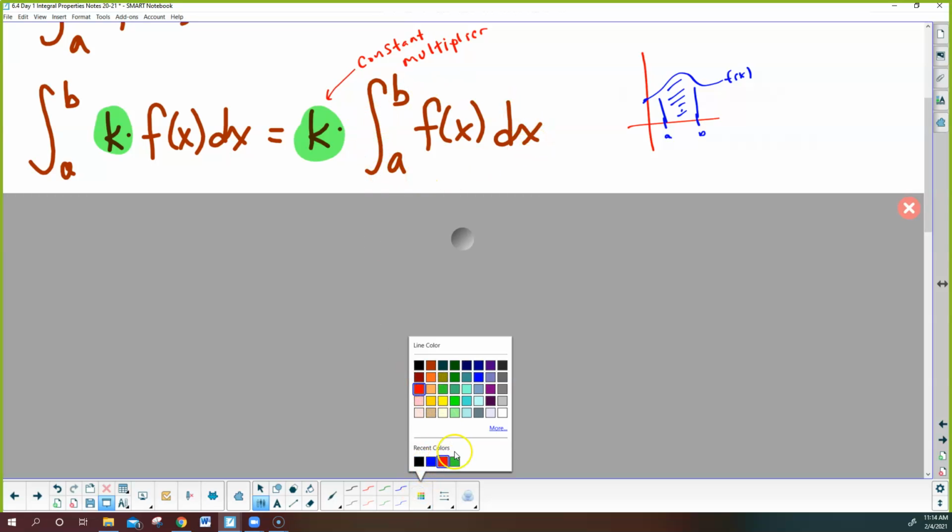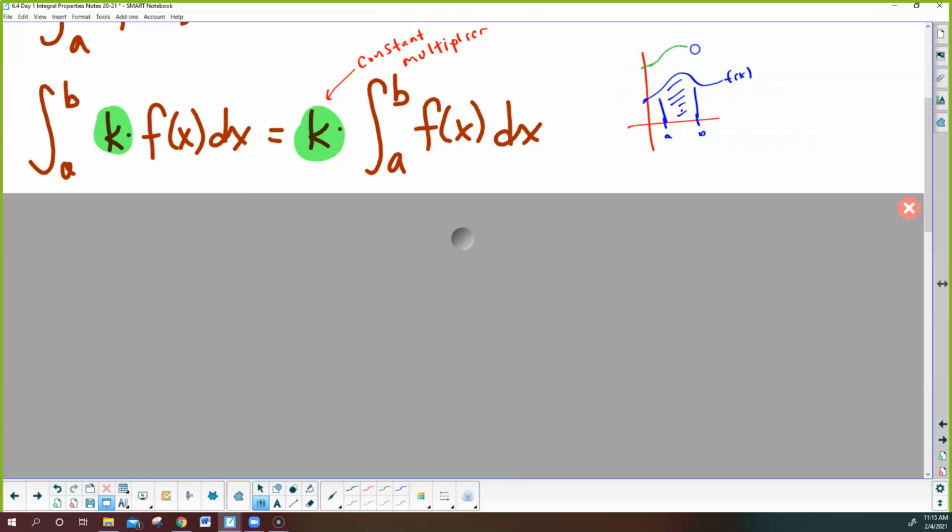Well, what happens if I multiply that by k? K is a multiplier, so that's going to make this increase or decrease by a certain value. It's actually going to double, triple, or cut it in half. It's going to give you more area or less, depending on if k is greater than 1 or less than 1. Or if it's negative, it'll reflect the area down below.